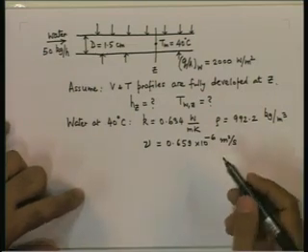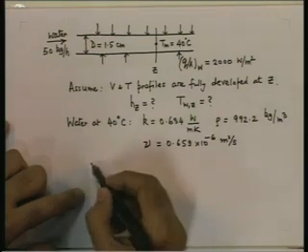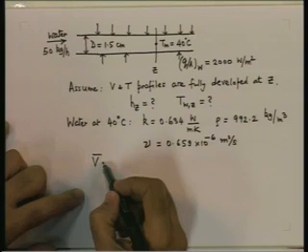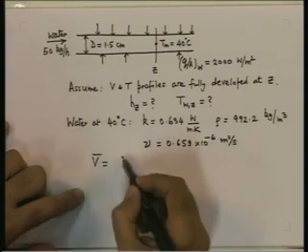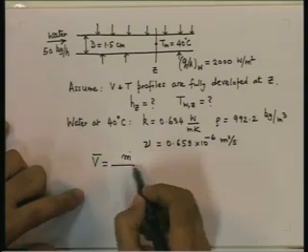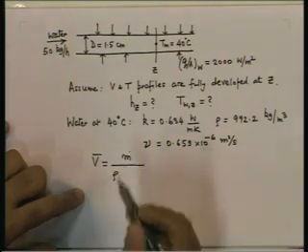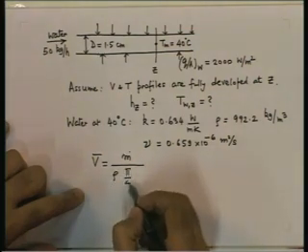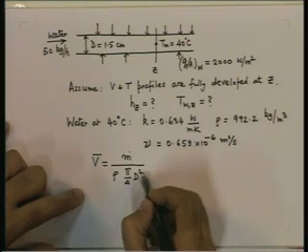To determine Reynolds number, we have to determine the mean velocity. This will be the flow rate divided by density divided by the flow area, pi by 4 d squared.